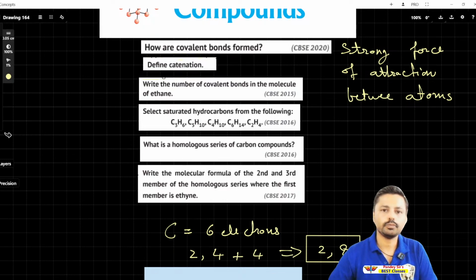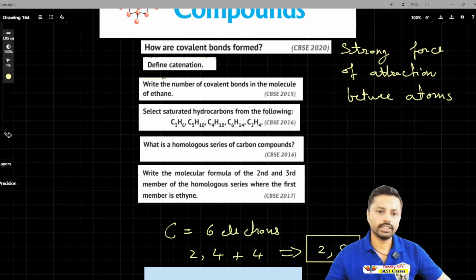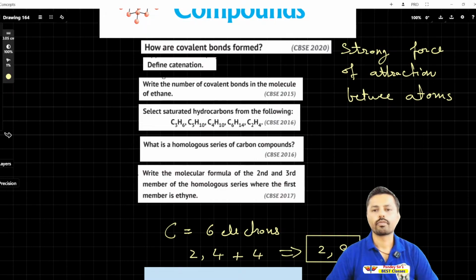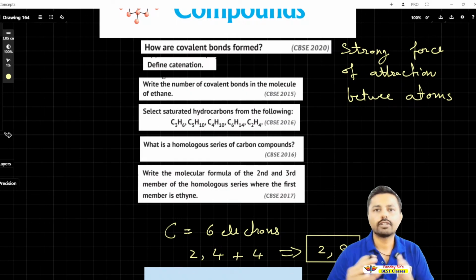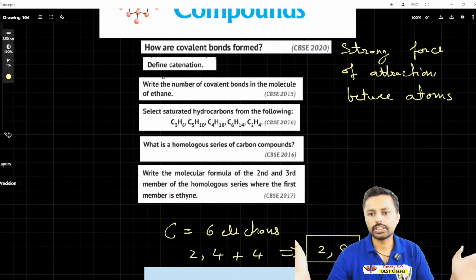But before that, what is this? Catenation. So guess it. What is this catenation? Can you guess? Carbon can form bonds with other atoms, and with other carbon atoms itself, and that's why it can form a large number of compounds. That's catenation.